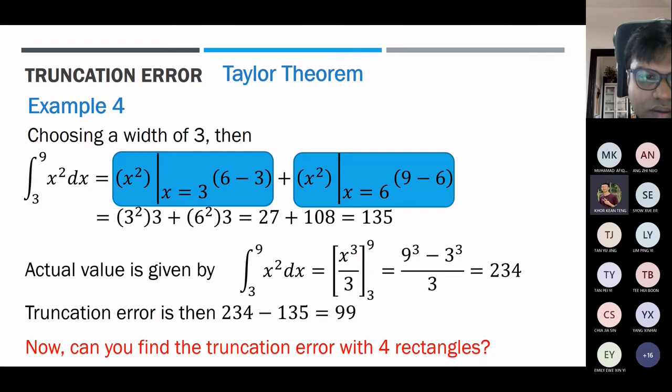I think it's more than the 2 rectangles. Okay, which means it's correct. Thank you. So it's closer to the exact solution. That means the accuracy will be improved, so the error will be lesser. Because we're adding more rectangles, the truncation error will be less.